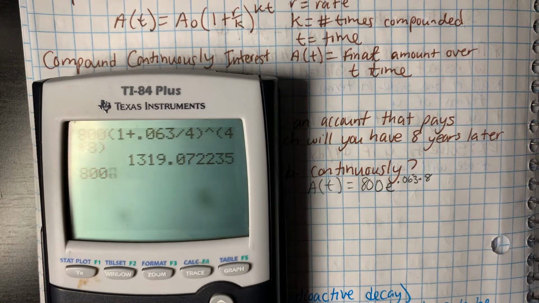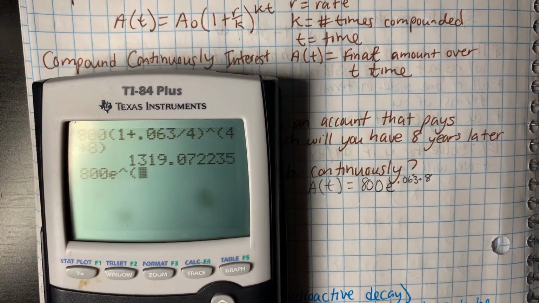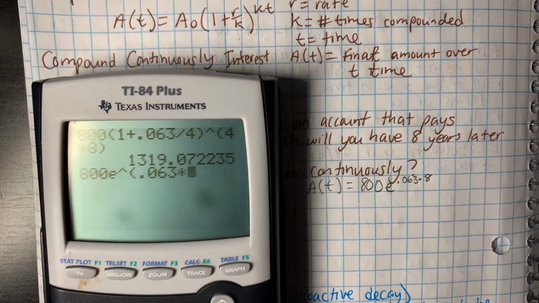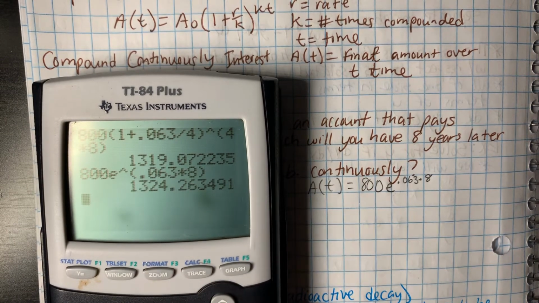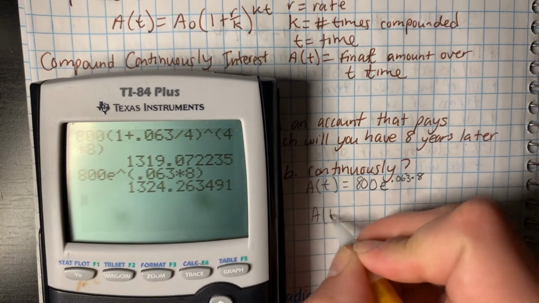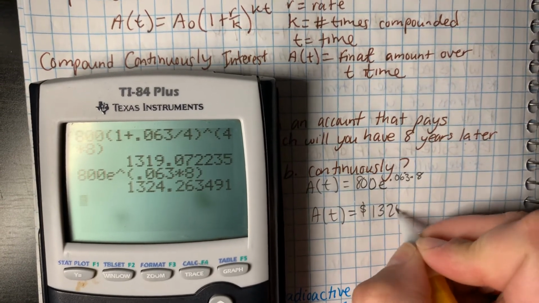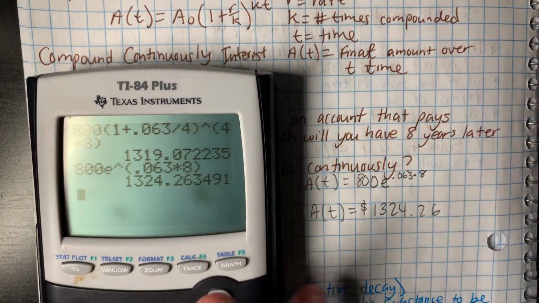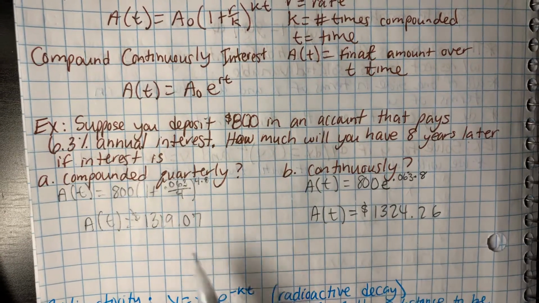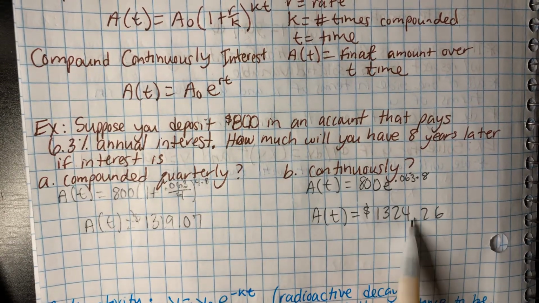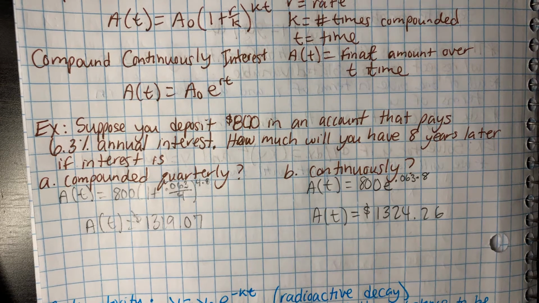Mine is over here underneath the ln. Okay, and that's going to be 1324.26. So with this amount of money, it only increased about $5.